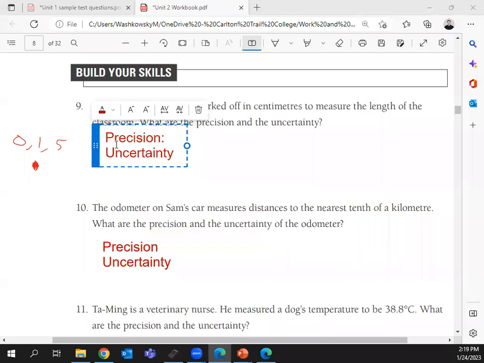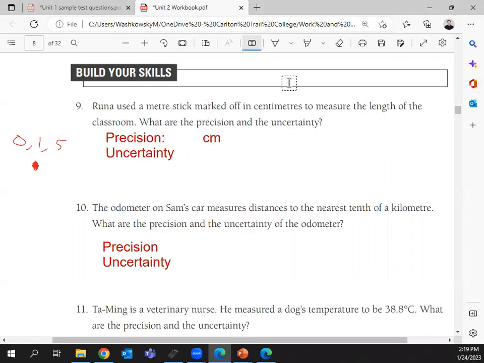So measure and precision, we're looking for 2 things. First, what's the unit that's being measured in? It's being measured in centimeters, so I'm just going to put that there. And then what's the most precise amount? I can see that it is being measured off of centimeters, so that is just going to be a whole number, a single centimeter.